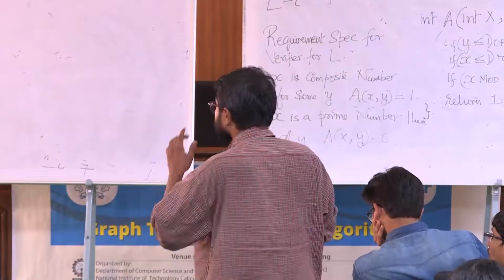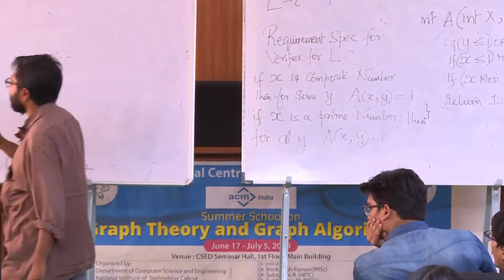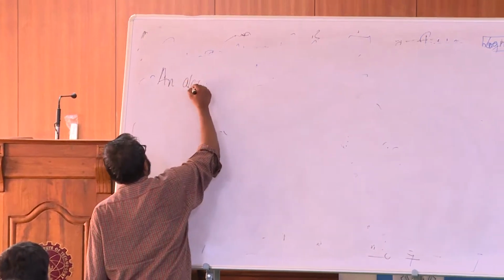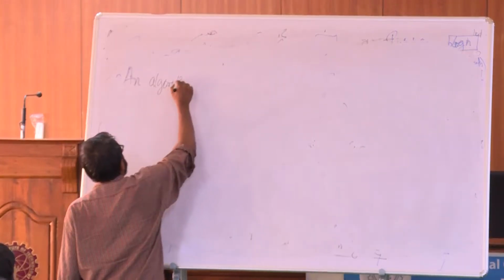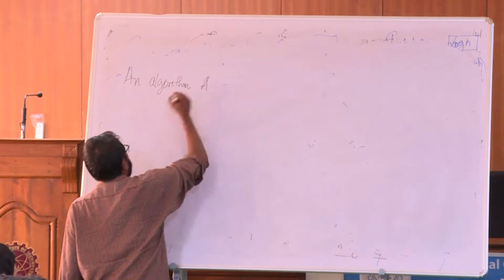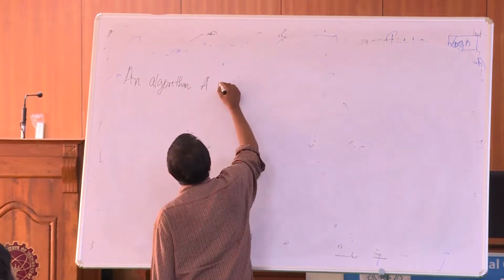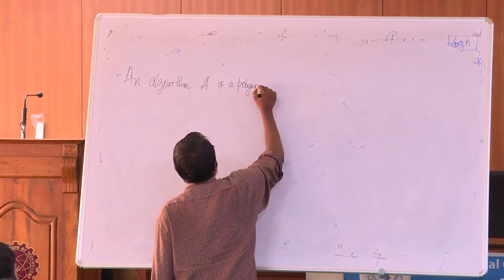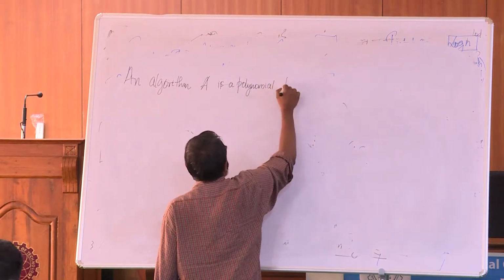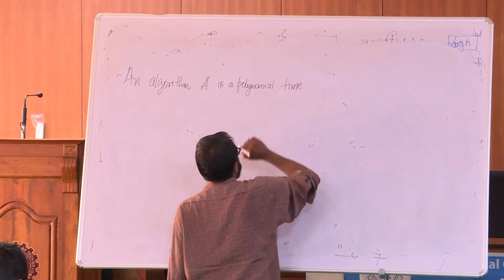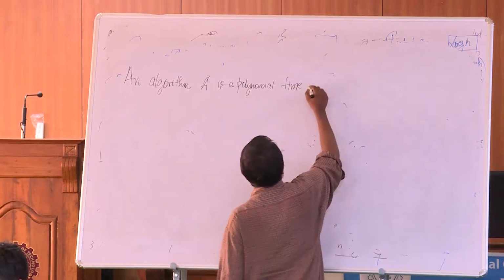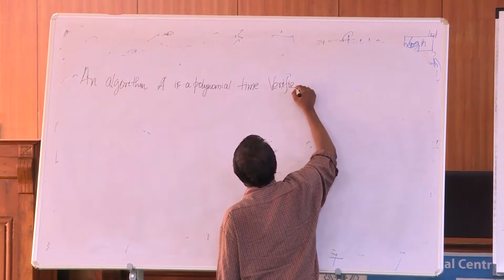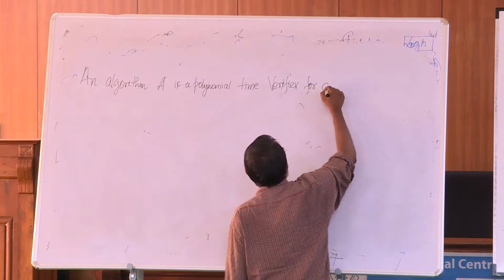Okay. So an algorithm A is a polynomial time verifier for a language L. Again, this notion of time one should always be wary about, because it is not time.